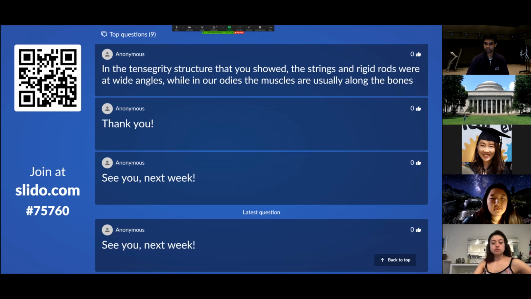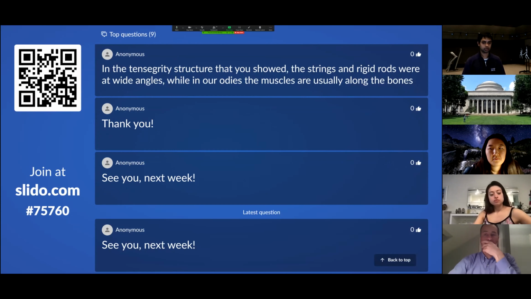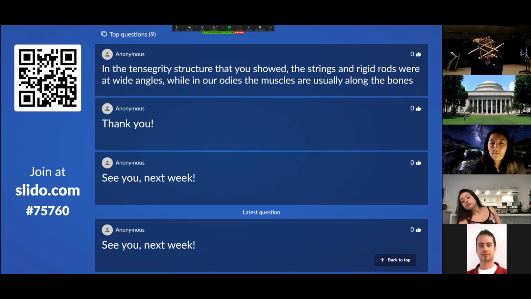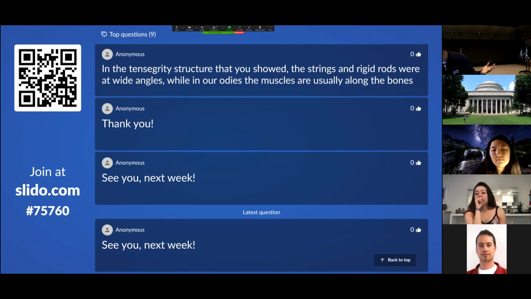Yes, excellent. Thank you for this question. Let me actually address that. So this is actually a toy model. How the tensegrity idea relates to the body is not straightforward, right? As you saw, it doesn't work exactly like a tensegrity structure, in the sense that the moment I put an external force on this, all the bands get squished or change length simultaneously. That doesn't happen in our bodies, and there are differences.